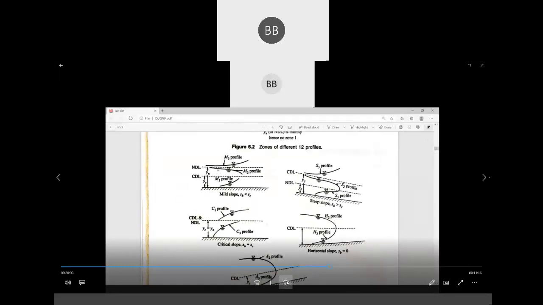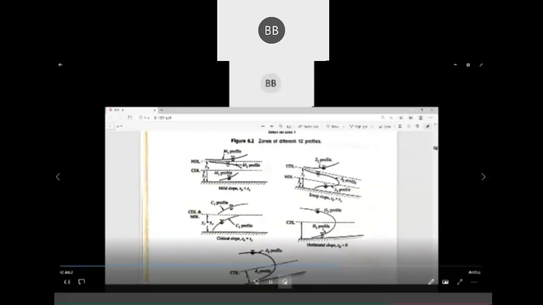If you have a profile in zone 2, it will be an M2 profile. If it is here, it will be M3, and here it will be M1. So it depends on which zone the profile occurs in. You can draw this diagram later when I give you the PDF file.